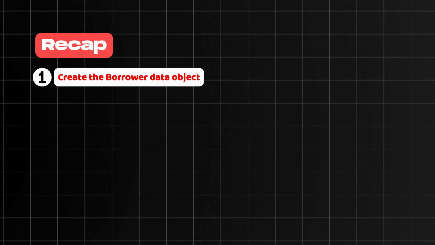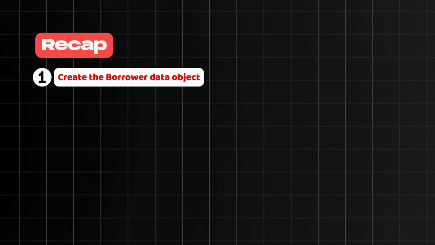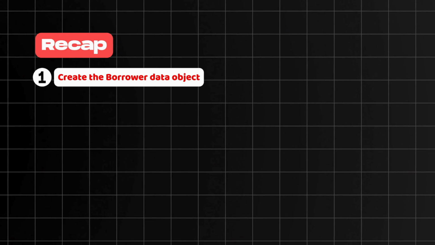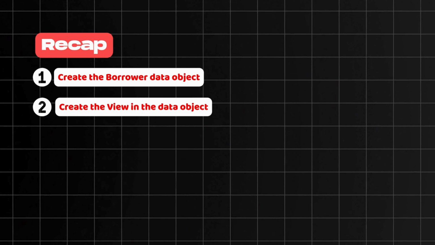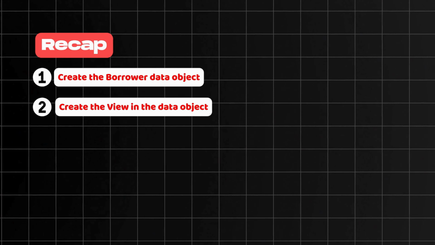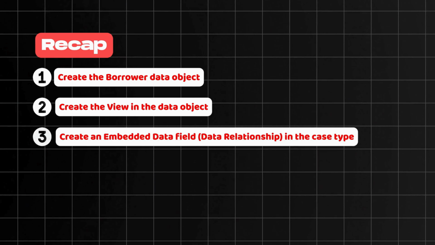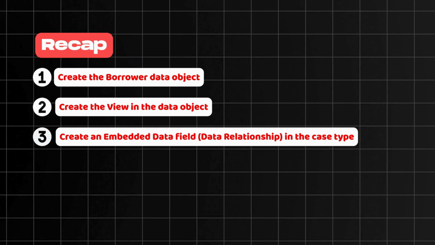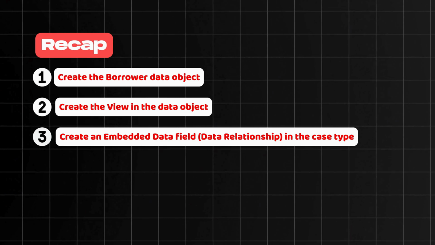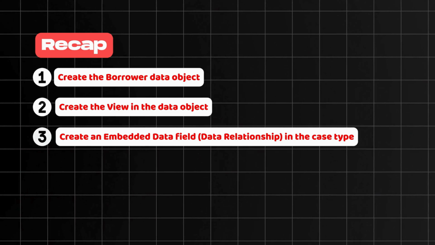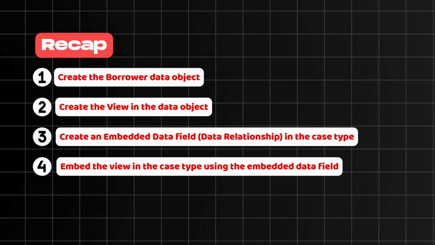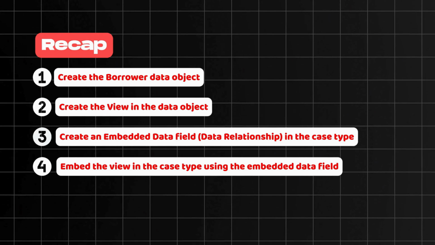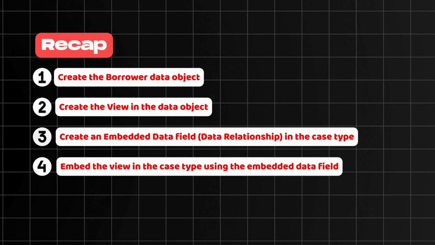Step number 1, create a data object for borrower. Step number 2, create a view in that data object. Step number 3, create an embedded data field or data relationship in the case type. Step number 4, embed the view in the case type using the embedded data field.